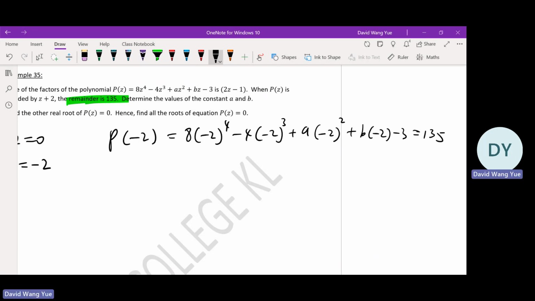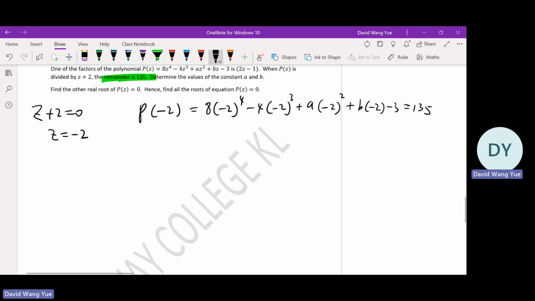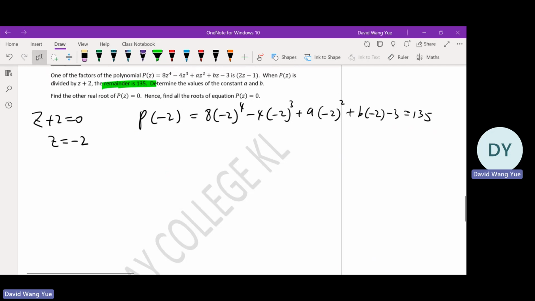Now that is the remainder theorem, okay? z plus 2 equal to 0, z is negative 2. You divide it by z plus 2, you get the remainder 135. Means if I sub negative 2 into the function, the y value should be 135.